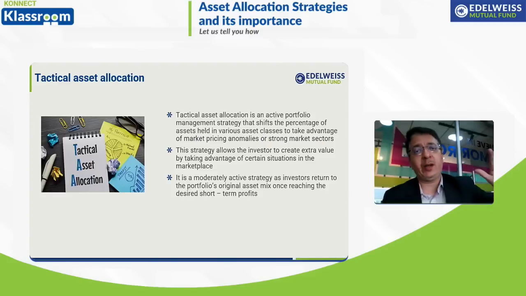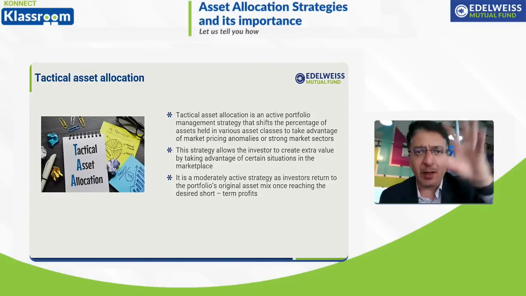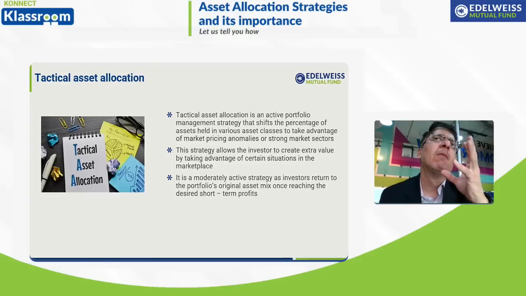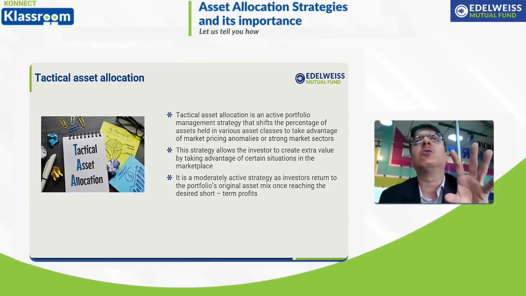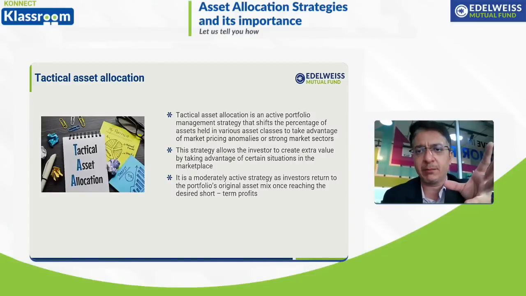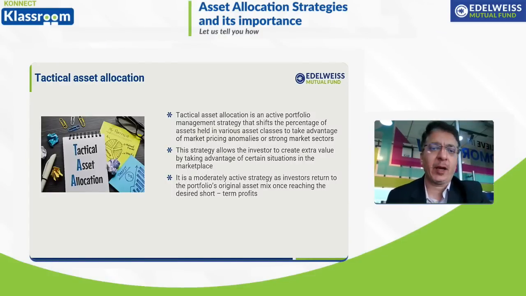So you agree that there is a strategy that you set in place, which is a 65-35 in the example that I just spoke of. But you're also ready and more open to taking tactical calls depending on how you are reading the markets. So you are doing a little more, right?